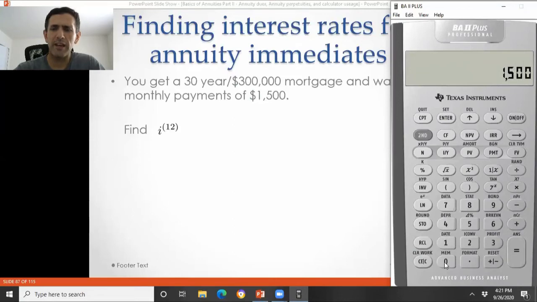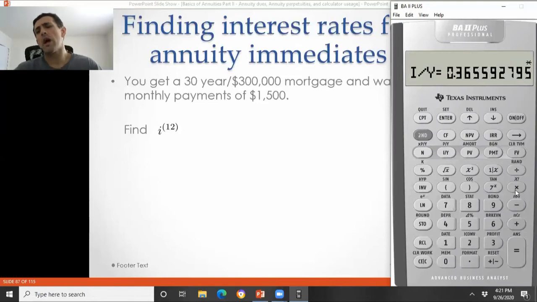And I'm getting 1,500 at the end of each month. And now we get the same answer we got before, an effective monthly interest rate of 0.366% roughly.